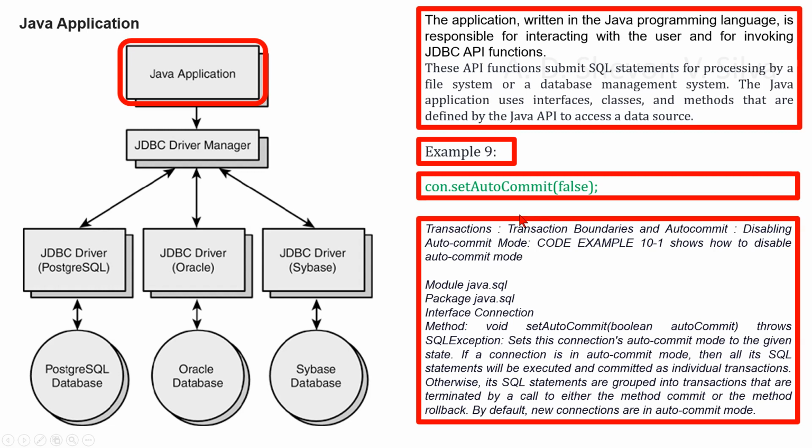It is an error to enable auto commit for a connection participating in a distributed transaction. Here we assume con is a connection object.